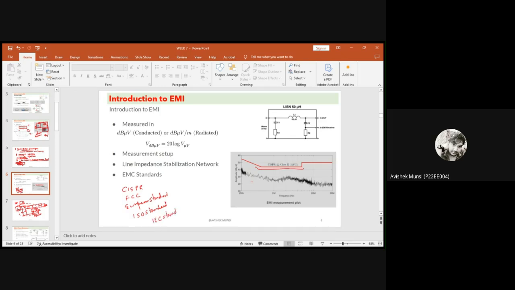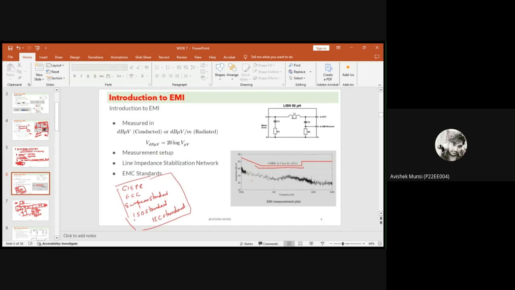So you have to check whether the guidelines are followed by your spectrum analysis results. If it is following, then you will get certified that your converter is EMI compatible. That is why we require an EMI compatible device with a certification from this kind of sources. After testing the EMI, you have to send the data and they will certify that it is compatible. So this is how you can measure the compatibility test of EMI, right?